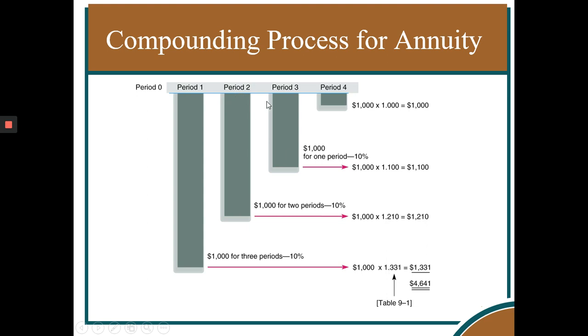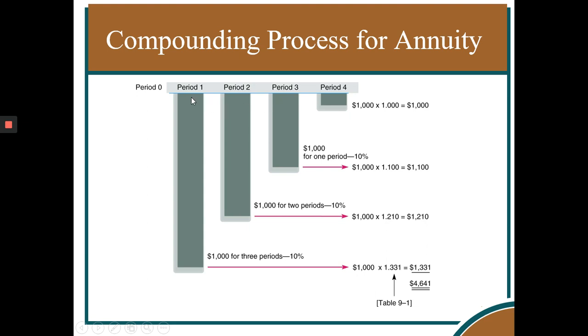This one is compounded 2 years, this one is compounded for 1 year, and for the last year's amount, there's no longer any time left to compound. So 1,000 remains 1,000.